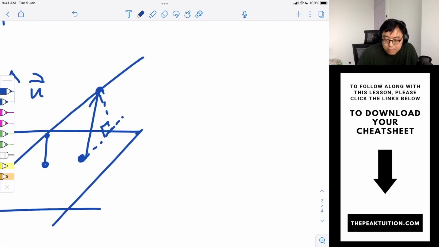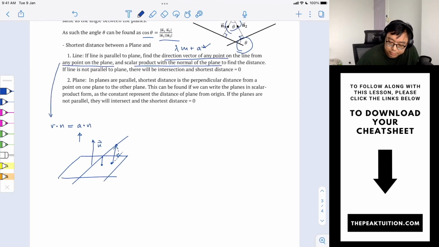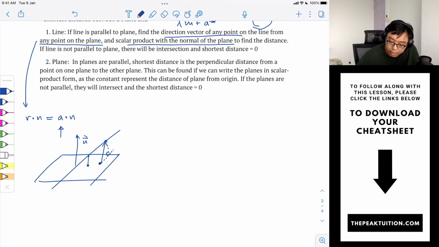It has to be 90 degrees because it's the line of projection, because it's the scalar product. We are following the plane. That's why we will be getting a 90 degrees here. Once we find this vector, we can then do a scalar product with respect to the normal of the plane.